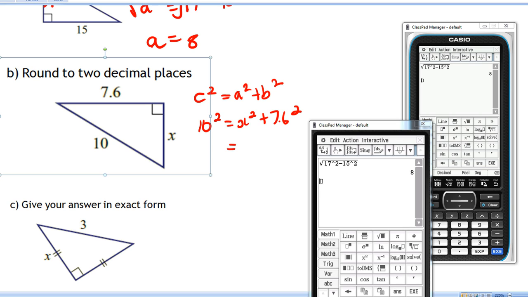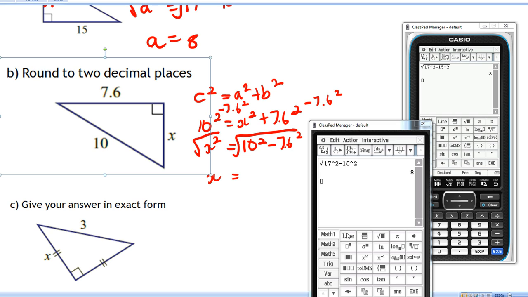Similar approach to the last question, make x the subject, or x squared the subject, and that will be 10 squared take away 7.6 squared, because remember what I'm doing is subtracting 7.6 squared and subtracting 7.6 squared. Square root this side and square root this side leaves us with x equals.